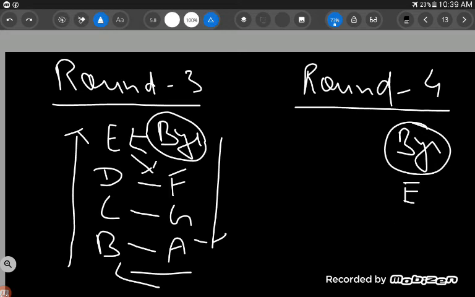E will come at the place of F. Then we will write the name of F, then G, then A, then B, then C, then D.